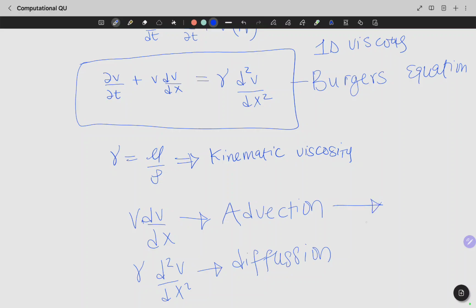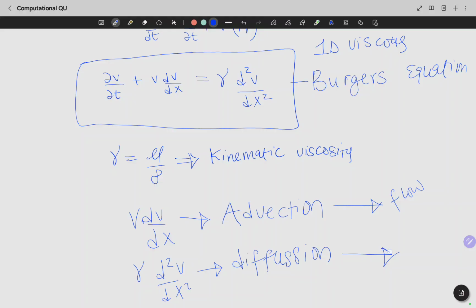So this represents advection, this represents diffusion. What do we mean by advection? Flow. That's all. Flow is just like flowing. It represents the flow with some given velocity, v.